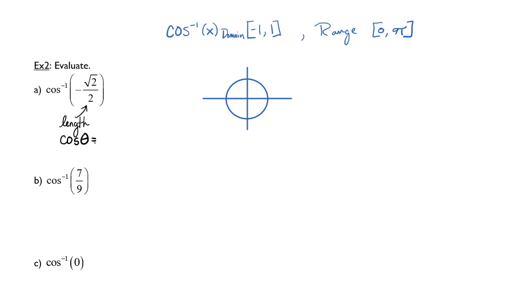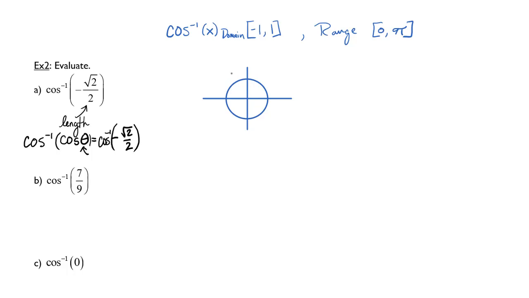We know that cosine of some angle is equal to -√2/2. We don't know what that angle is, but if we take the arc cosine of both sides, we could figure it out.